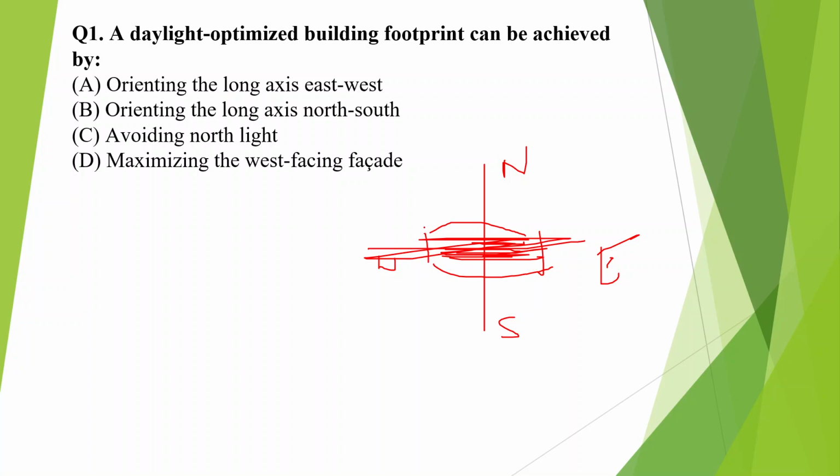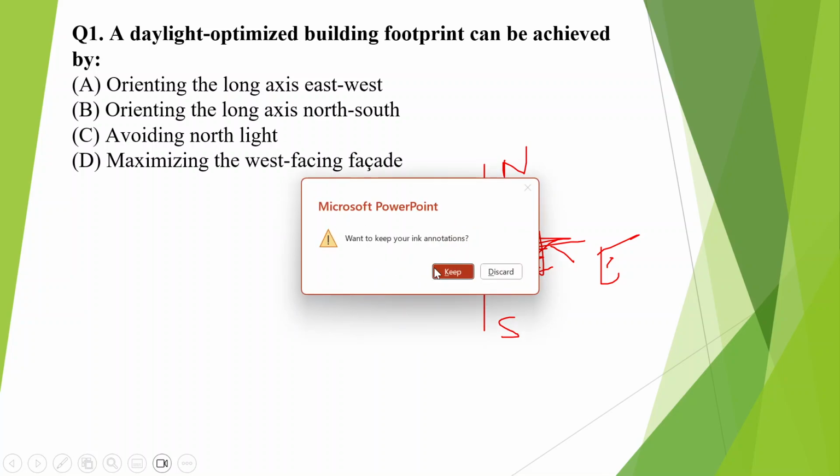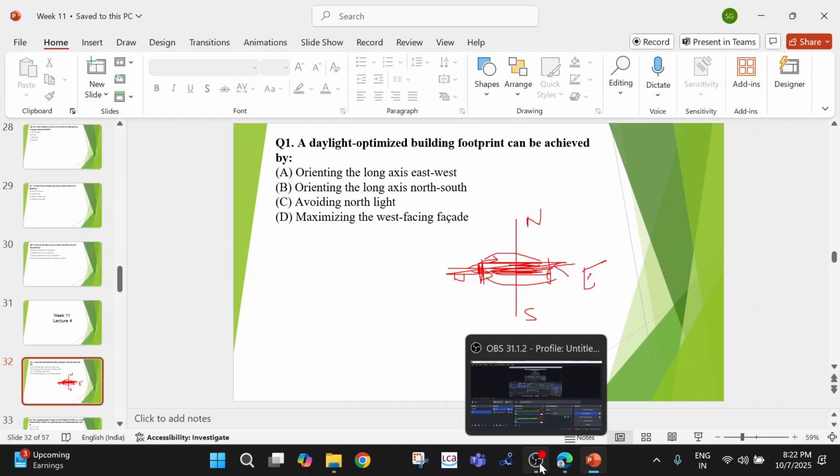And the west orientation, it was told to you also that the most important direction is west, because this type of orientation will help minimize the glare and heat from this direction through the morning and evening sun. That type of discussion was made, and I hope the concept was clear, and most of you have understood also, and that's why they have marked option A as the correct answer for this particular question, and they are correct.